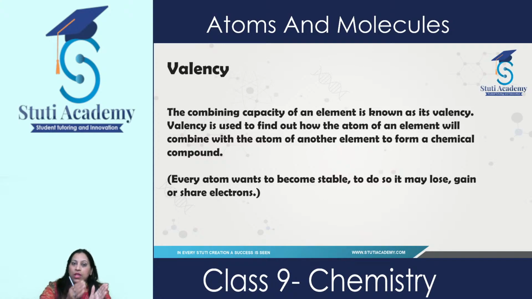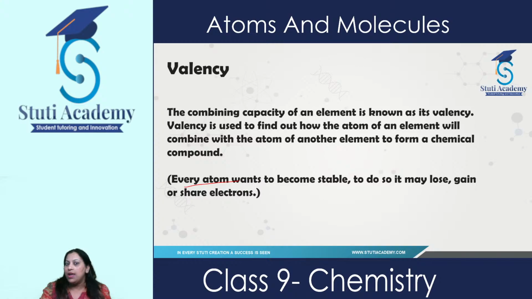So if the element is losing or gaining electrons, that tendency of losing or gaining electrons is known as its valency. And why are they doing this? As I told you, to be stable in nature. Otherwise, they will not exist in nature, but they want to exist in nature. They want their existence.